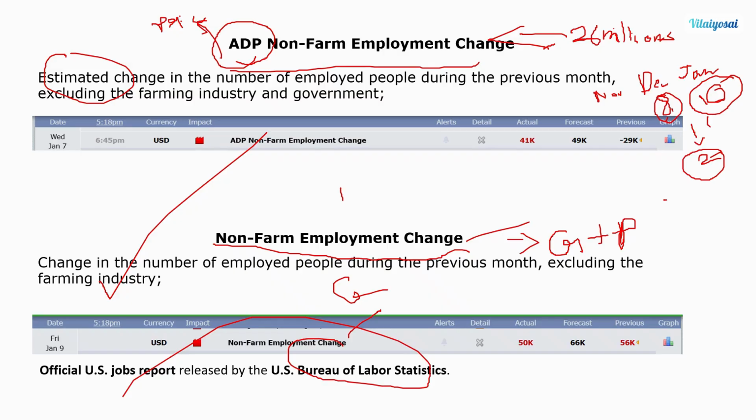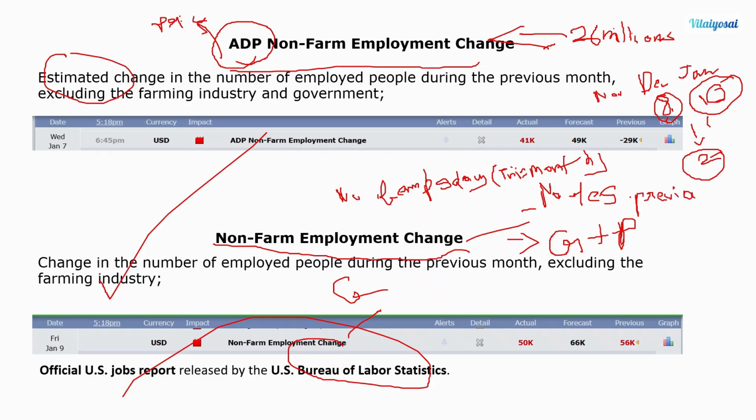That is the number of employees' salary this month minus the number of employees' salary the previous month.